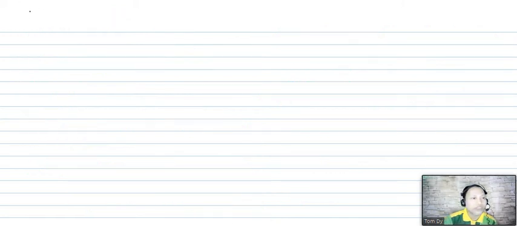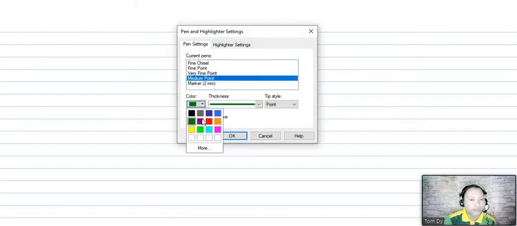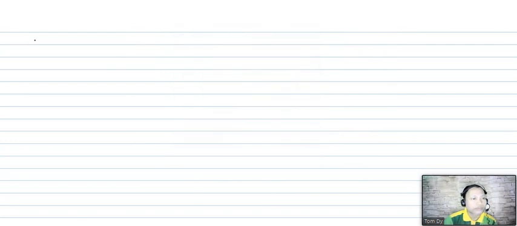So take note, we have here our formulas. I will be using violet because I used it a while ago. The integral of du equals u plus c.